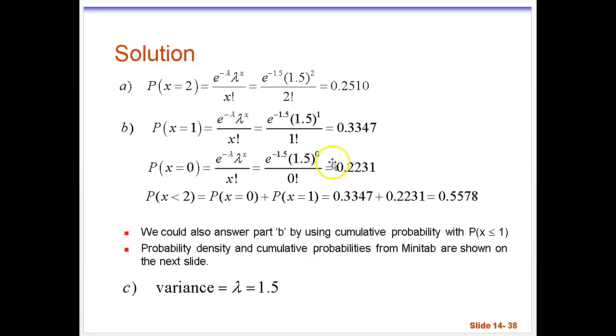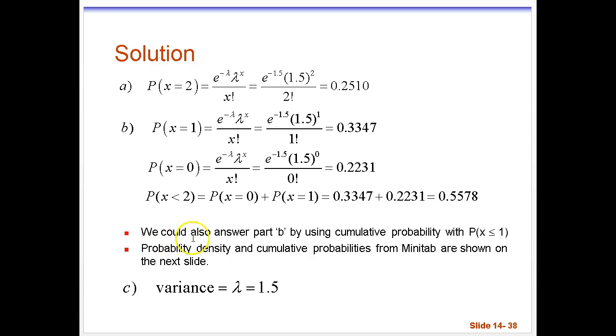Now, in the second part of the question, what's the probability x is less than 2? Less than 2 includes 1 and it includes 0. If I was working this by hand the long way, I'd work out those 2 individual probabilities and add them together, and that would be my answer.